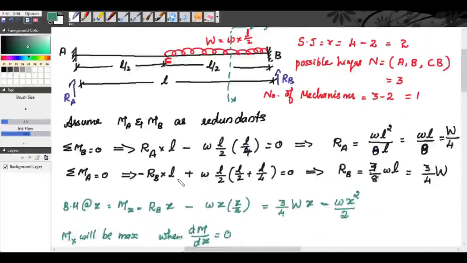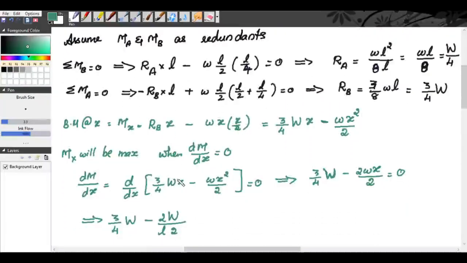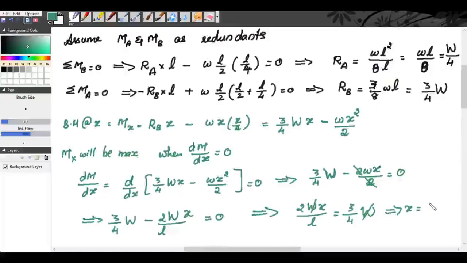Sorry. Yeah, 2 capital W by L. We will cancel this 2 too. So 3 by 4 w minus 2 capital W by L into x is equal to 0, which implies 2Wx by L is equal to 3 by 4 W. So W gets cancelled, from which we get x is equal to 3L by 8.